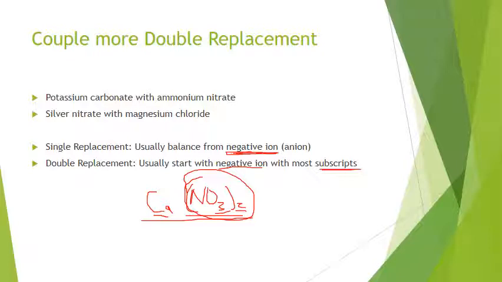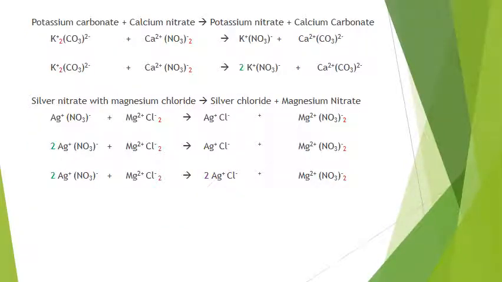So that's the kind of thing I look for when I do a double replacement. It doesn't always work, but so the first one is potassium carbonate plus calcium nitrate. Again, you just swap the names. So potassium goes with nitrate, calcium goes with the carbonate. So you come up with the correct chemical formulas, right? And then I want to start out with my nitrate. I have two nitrates here, so I'm going to put a 2 here.